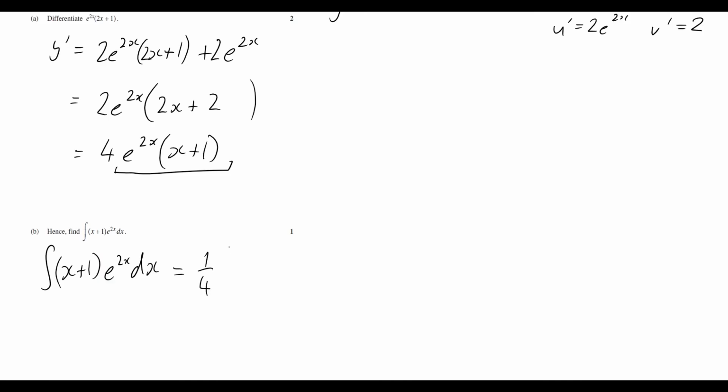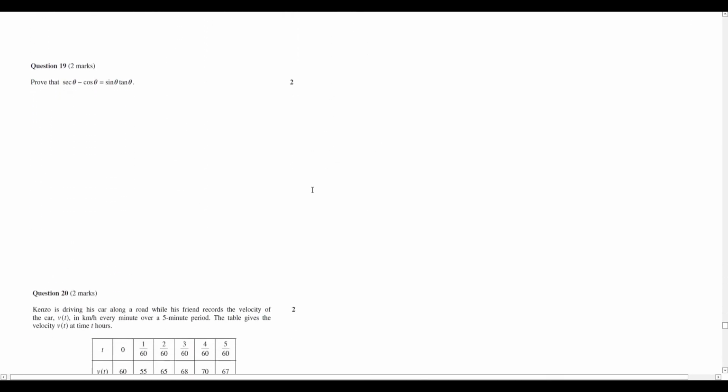So we can say 1 over 4 e to the 2x times by 2x plus 1. And then don't forget, plus c. Okay, that's question 18.